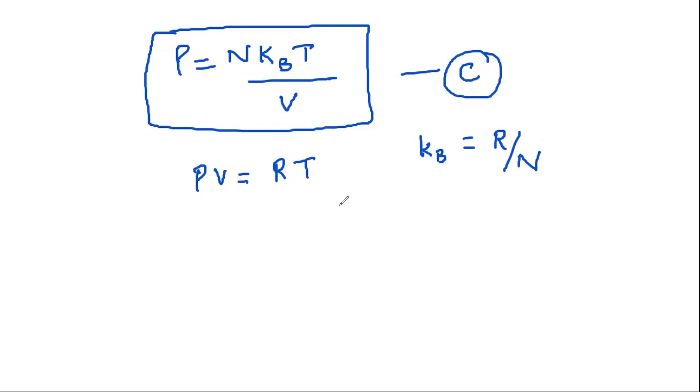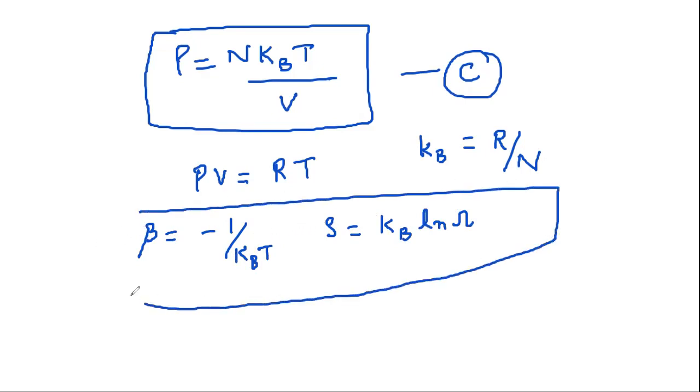Now, in developing Maxwell Boltzmann statistics, we defined beta as -1 over kBT and entropy as kB ln sigma. So we defined these two things this way and developed Maxwell Boltzmann statistics.